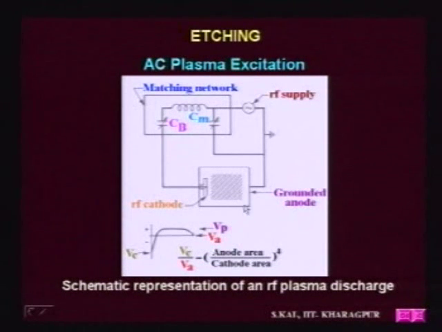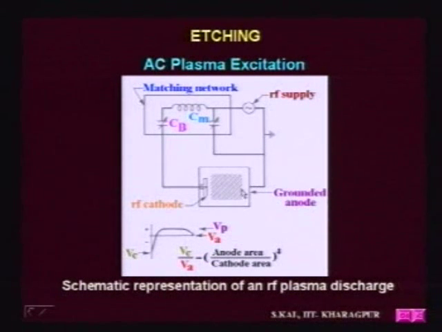Here, in the diagram below this plasma excitation schematic chamber, you can see the plot of potential versus distance. Since this is grounded, this is the point VA. VA is the anode potential. The anode is grounded, so it is 0.